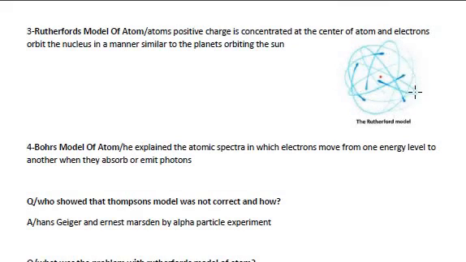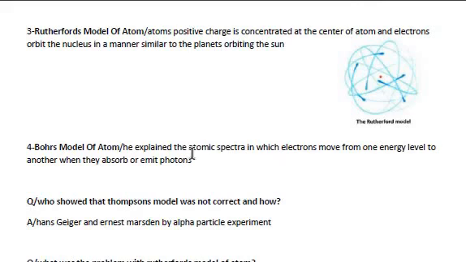So electrons have specific orbits. They are orbiting around the nucleus. Rutherford named the concentrated center of atom the nucleus in his model. After Rutherford, Bohr came to complete the description of atom.